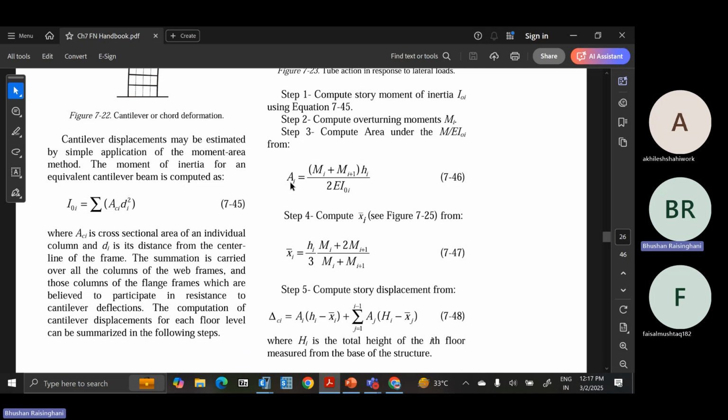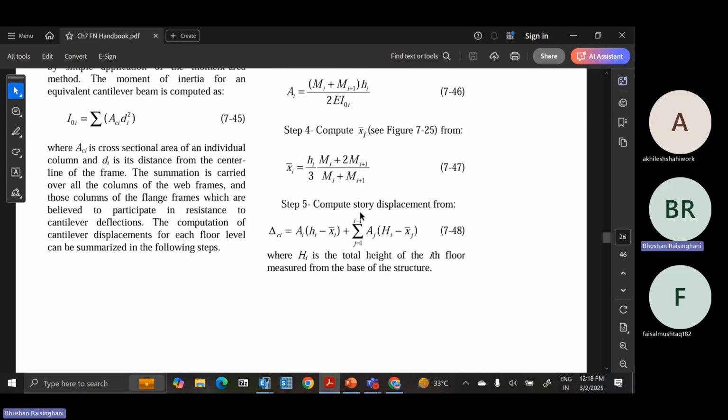So once you obtained the area, then you compute xi bar from this equation: hi by 3 times (Mi + 2Mi+1) upon (Mi + Mi+1). You will get what we call the centroid. And you compute the story displacement delta ci as Σ Ai (Hi minus xi bar) over Σ Ai (Hj minus xj bar).